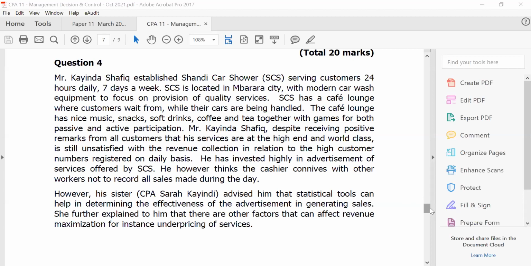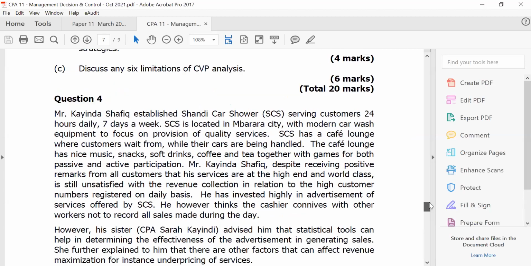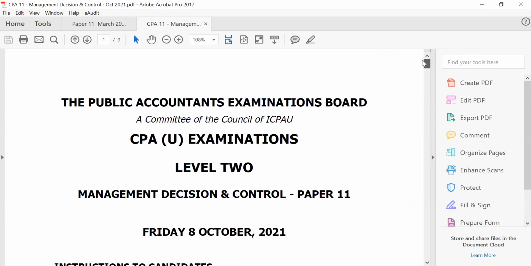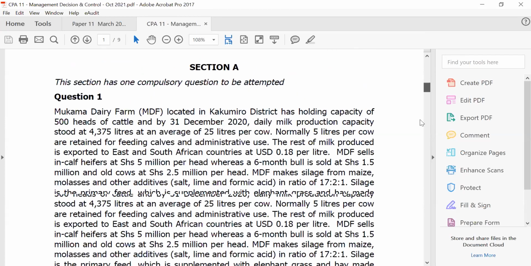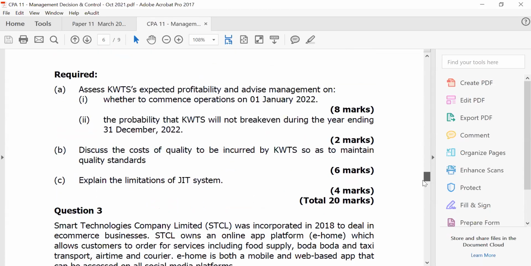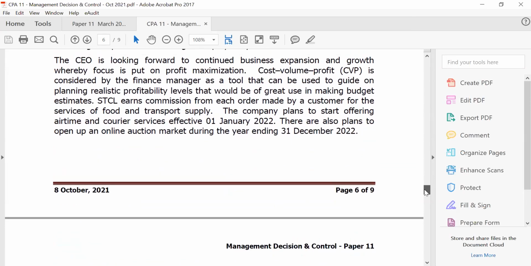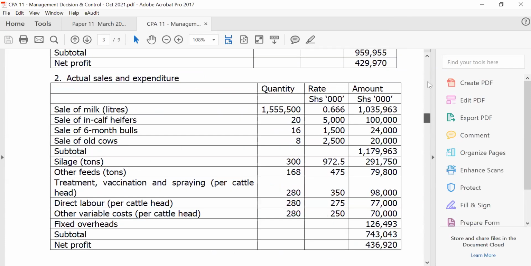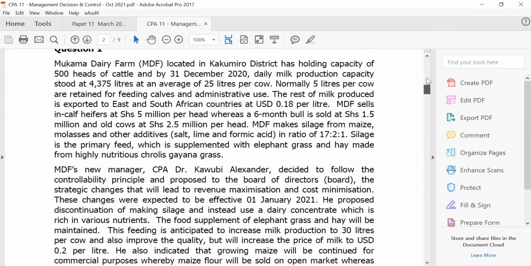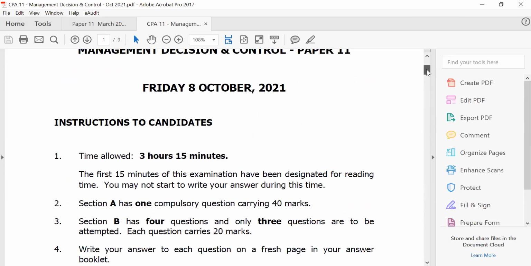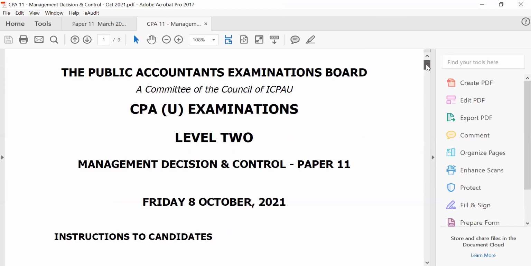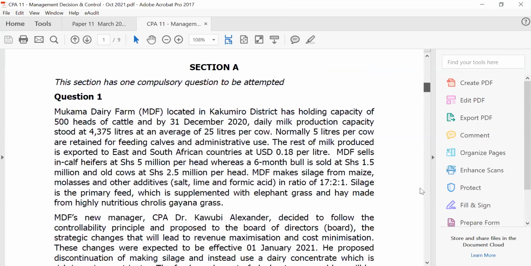We are here to do some revision, and today we want to look at linear programming, more specifically the Simplex Tableau method. To guide our discussion, we are going to use a question in the CPA paper of October 2021.